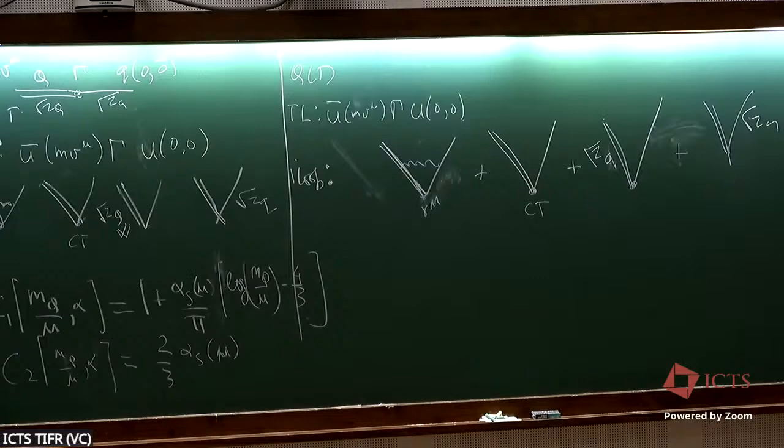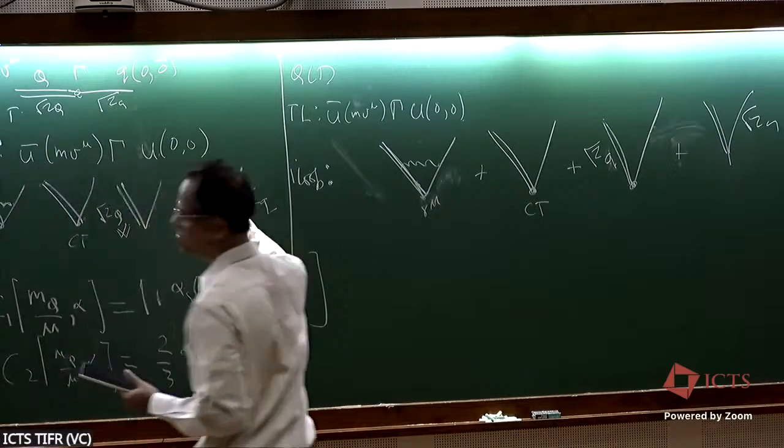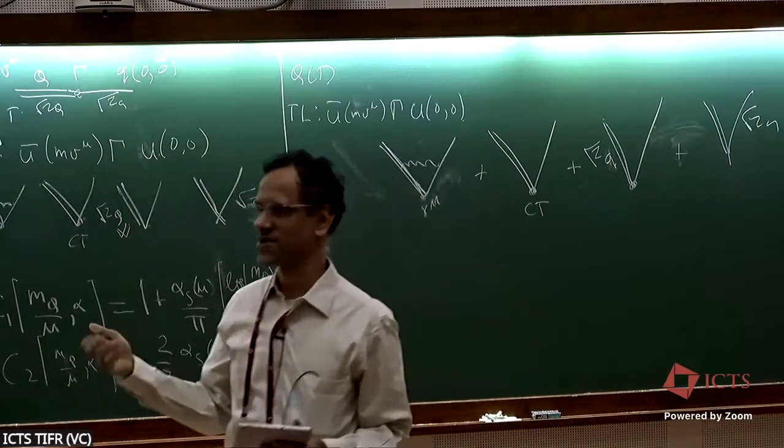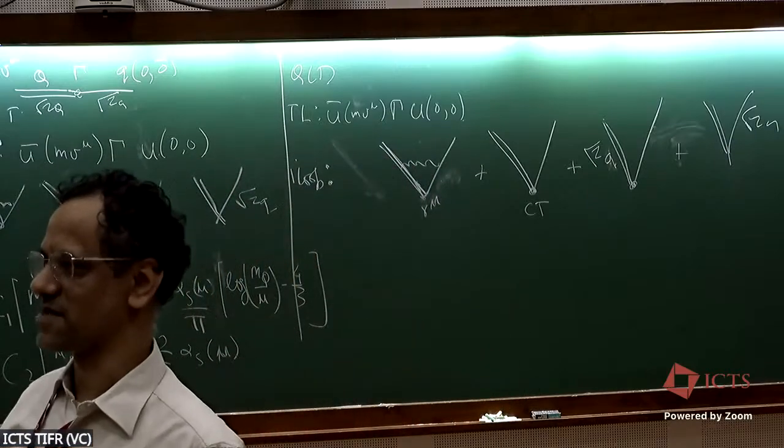I think what he's saying is that in this case, gamma mu itself can be replaced by V mu directly. So there is no difference between gamma mu and V mu as such. You don't need to consider two operators separately.